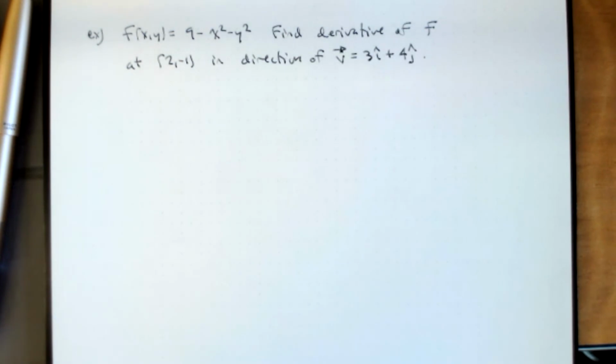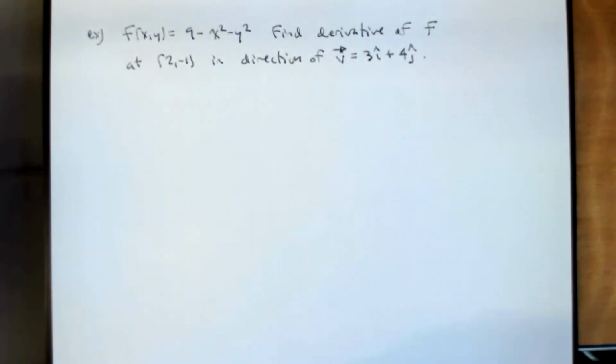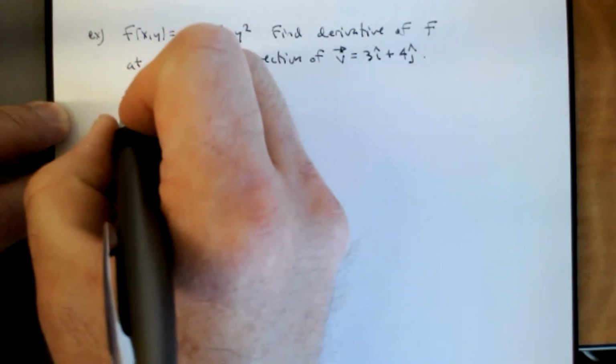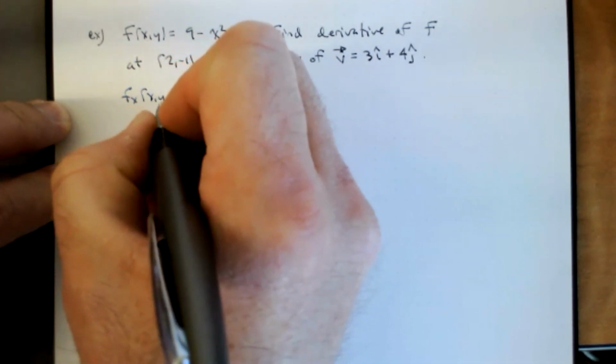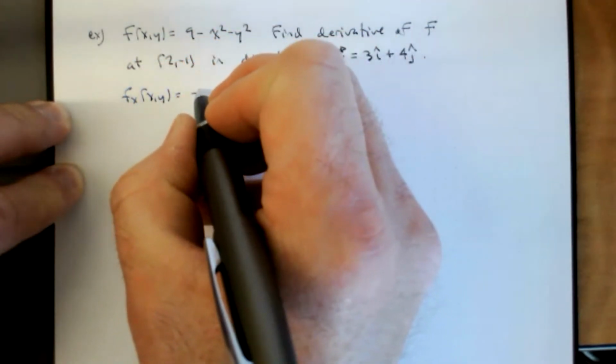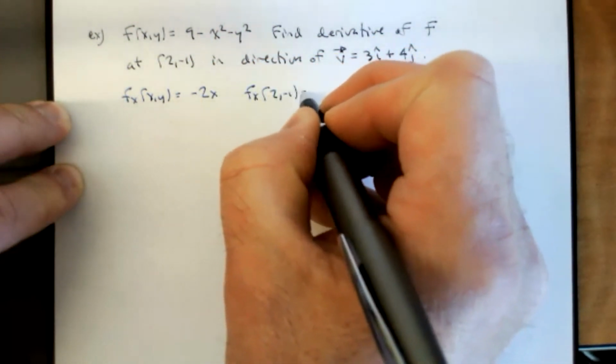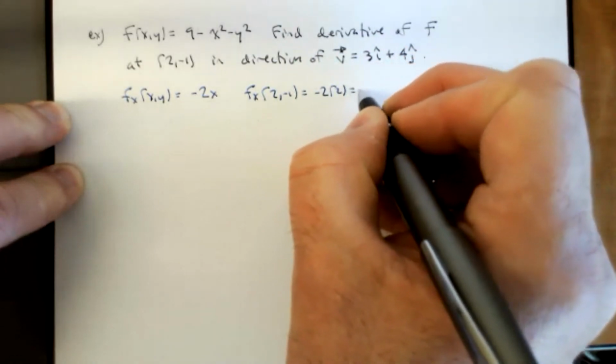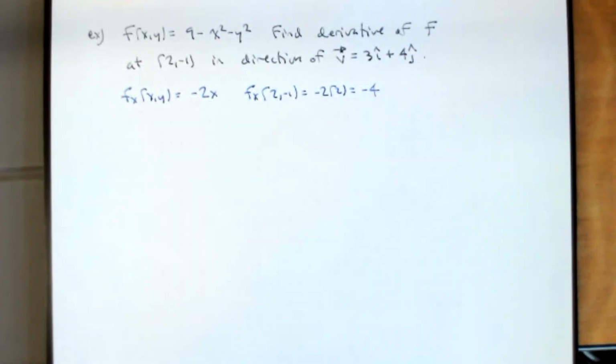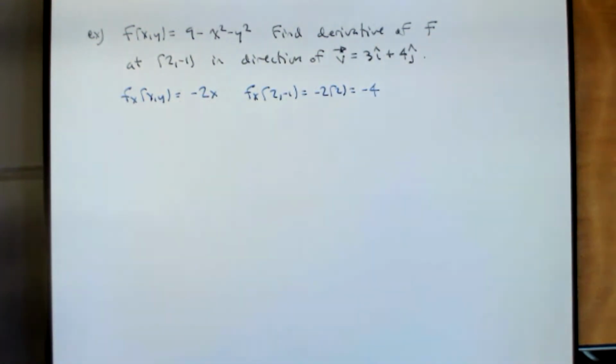We're calculating a directional derivative, which means I need the gradient. So fx at x,y is going to be minus 2x. And so fx at the point (2, -1) is -2 times 2 or -4. Fy at x,y is -2y.